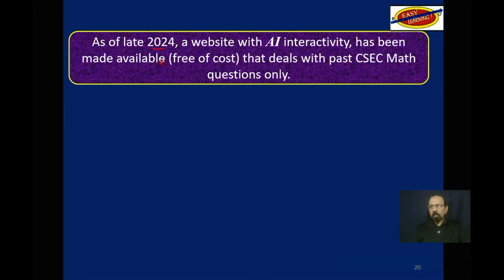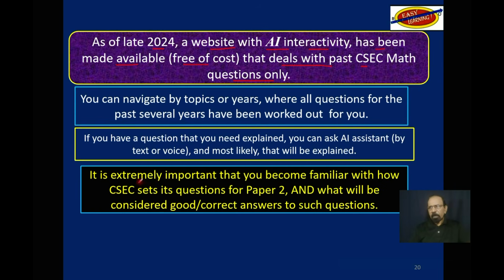Also, as of late 2024, a website with AI interactivity has been made available free of cost that deals with past CSEC math questions only, specifically from Paper 2. It is extremely important that you become familiar with how CSEC sets its questions for Paper 2 and what will be considered good or correct answers to such questions.